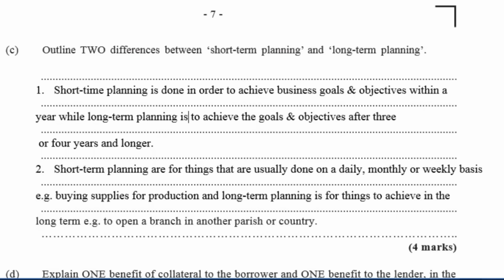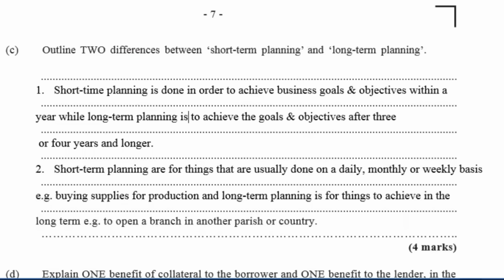Now, the other difference, short-term planning is for things that are usually done on a daily, monthly, or weekly basis. For example, if you need to buy supplies for production, so if you make shoes, you need to buy the leather, the buckle. And long-term planning now is for things to achieve in the long term.